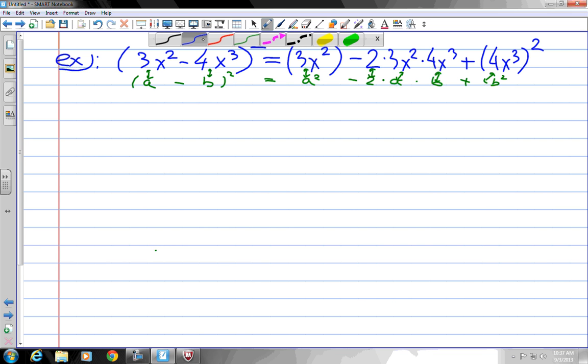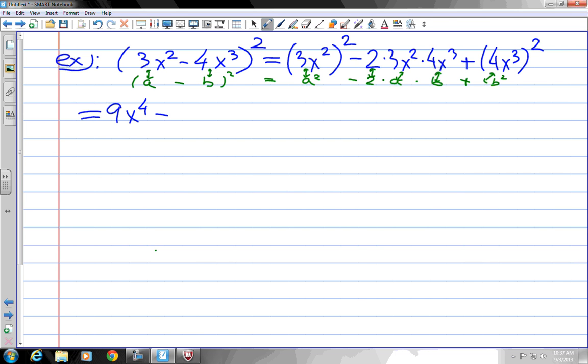All right, now let's compute that. First term, 3 squared is 9. What is x squared squared? X to the 4th. Good.